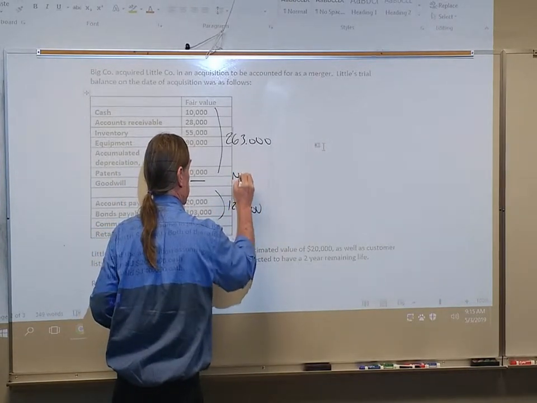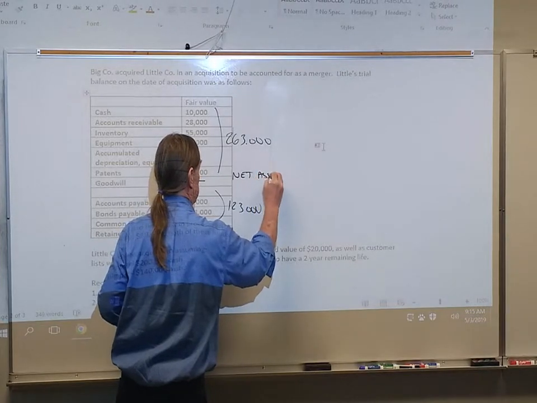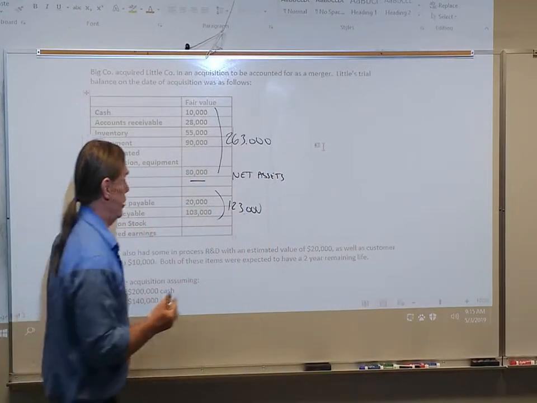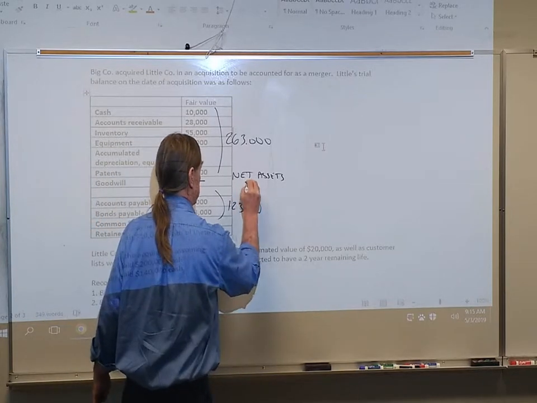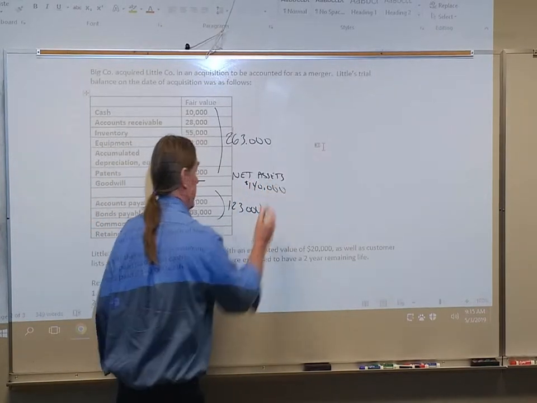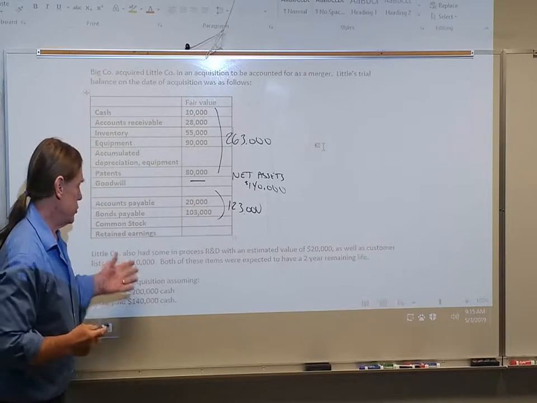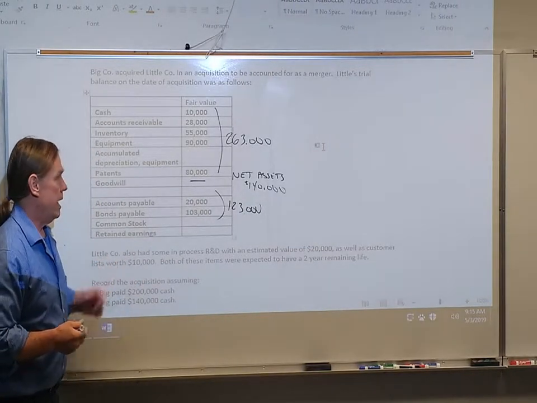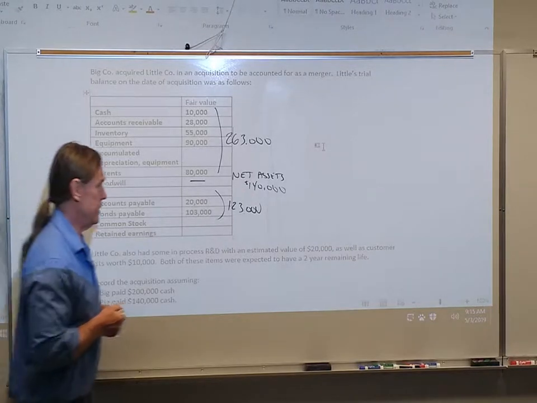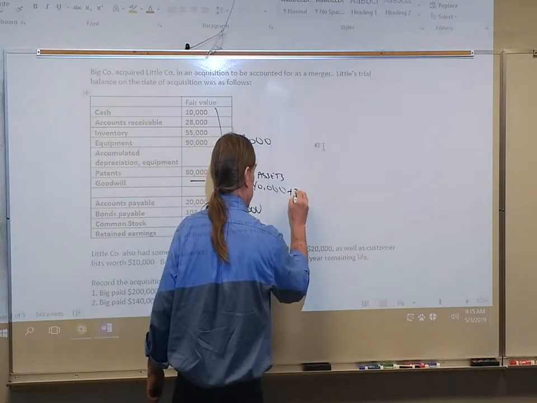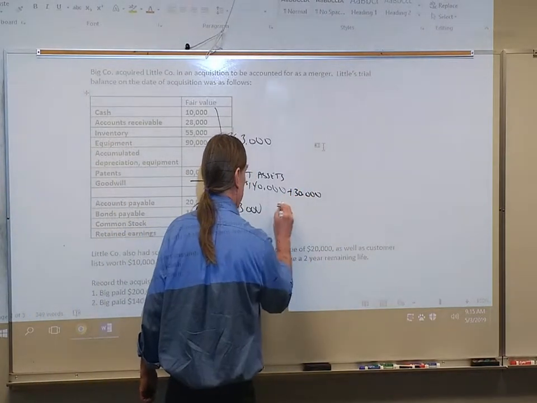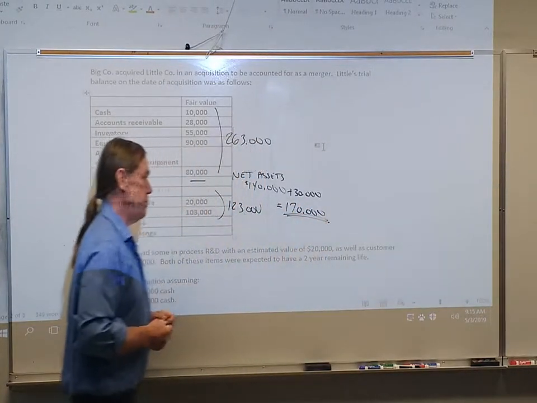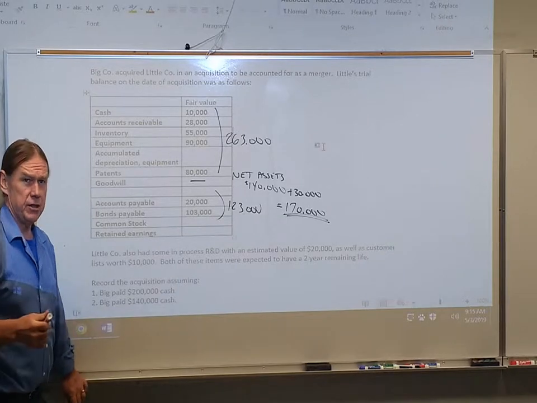So net assets that are on the ledger are $140,000. In addition, we're also acquiring some in-process R&D that's worth $20,000 and a customer list that's worth $10,000. So we add those intangibles, and the fair value of the net assets being acquired is $170,000.